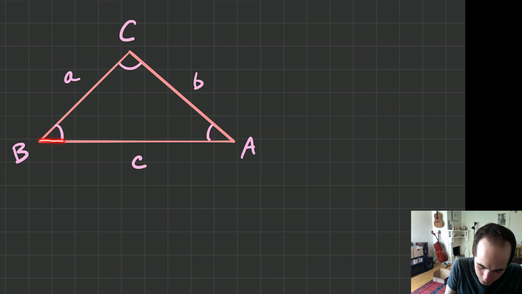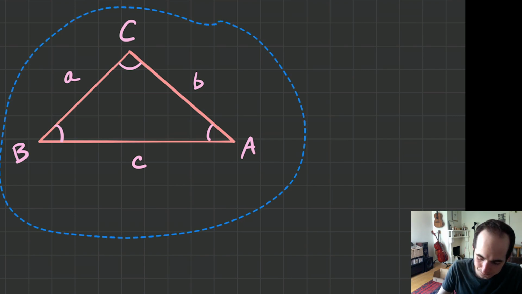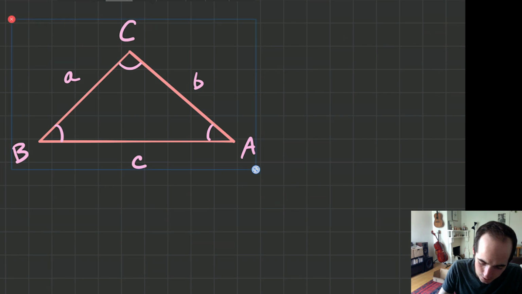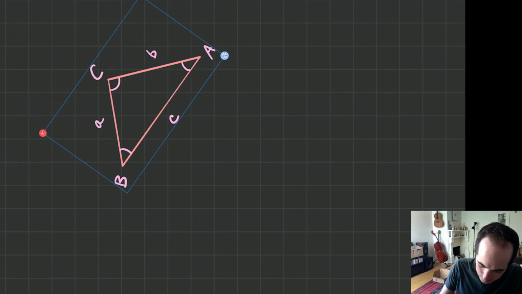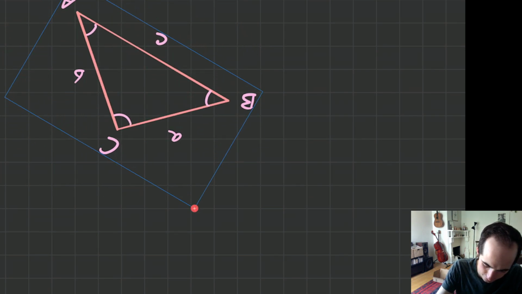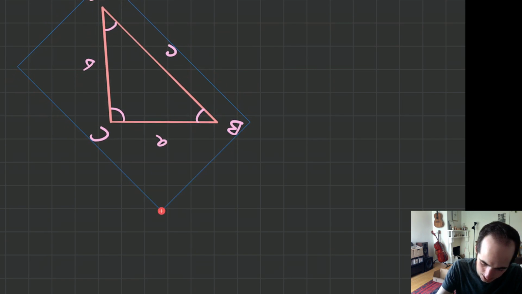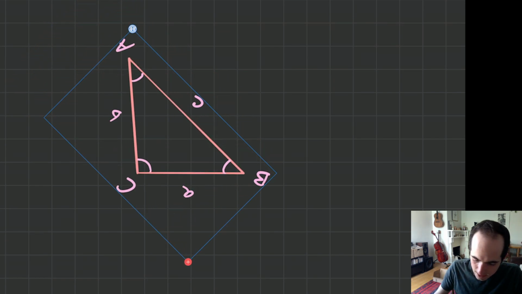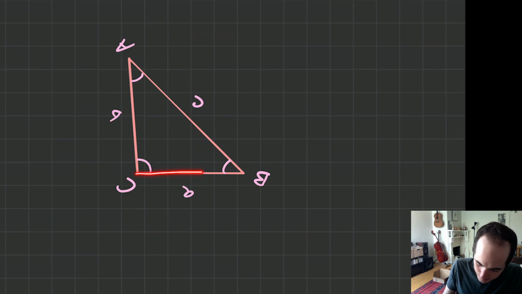The base of a triangle is usually the side that's on the bottom half, right? But a triangle is a triangle is a triangle, right? So I could take this triangle and do this to it. I guess I've kind of changed the size, but you get the idea. You could rotate it, and then now this is the base.